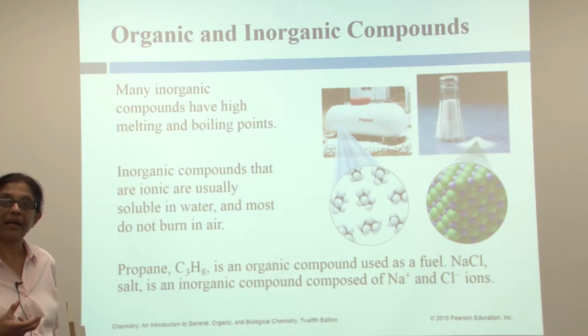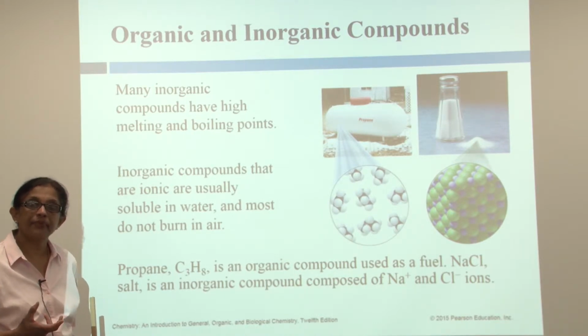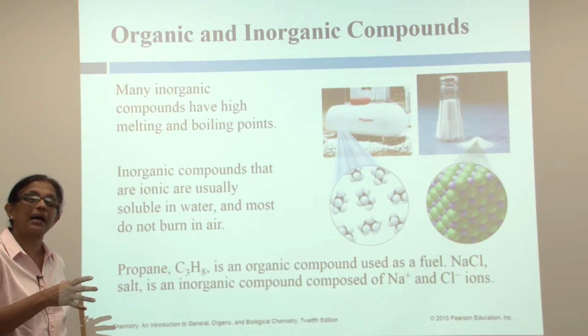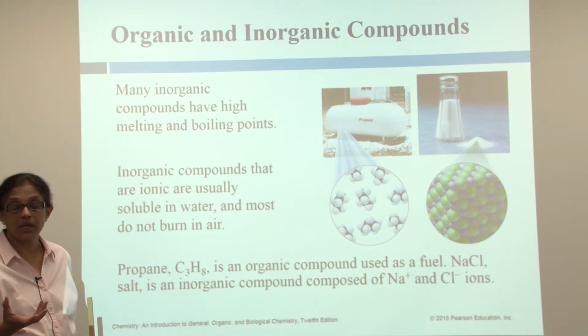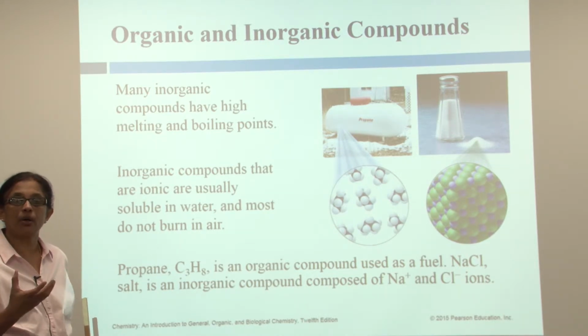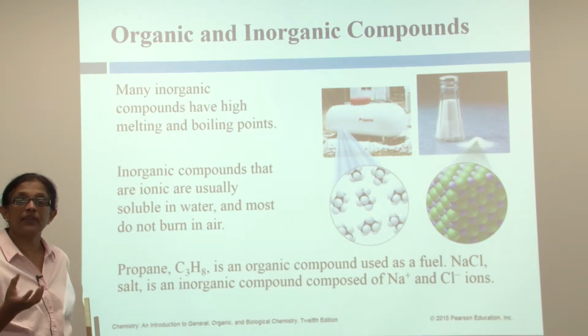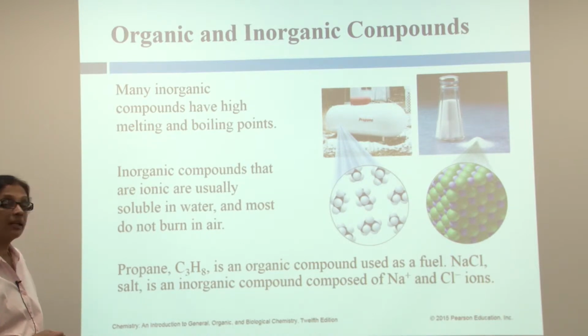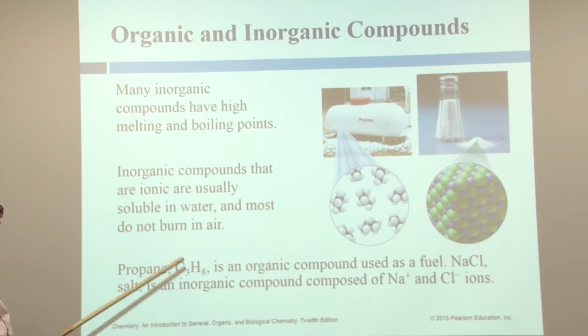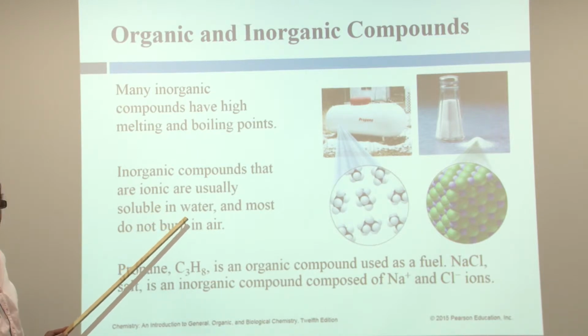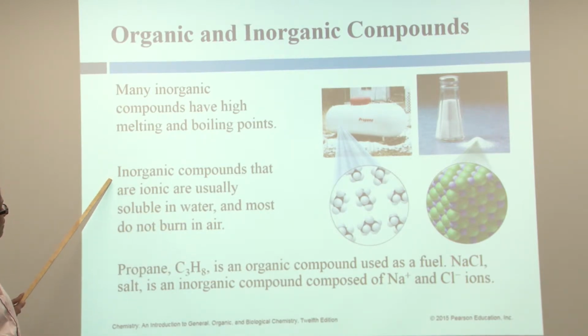An ionic compound is made up of ions, and the ions have either a positive charge or a negative charge. When oppositely charged ions come together, they have a force of attraction that brings the ions together, and that is the ionic bond. So inorganic compounds are ionic, meaning they're made up of ions.